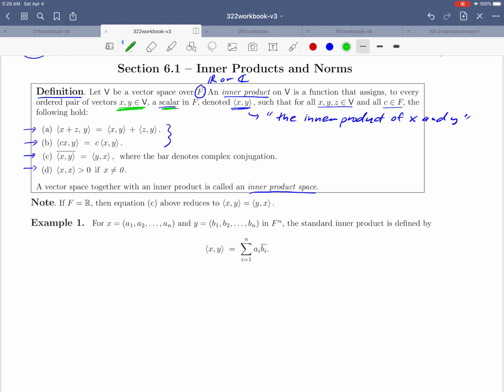If you think about it, the dot product. The dot product of two vectors from vector calculus behaves in kind of the same way. You start with two vectors, you take the dot product, and you get a scalar back. So if you like, you can think of this definition as kind of a generalization of the dot product. When we look at our first set of examples, that will be one of our examples.